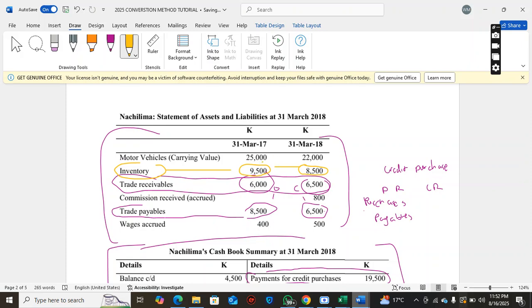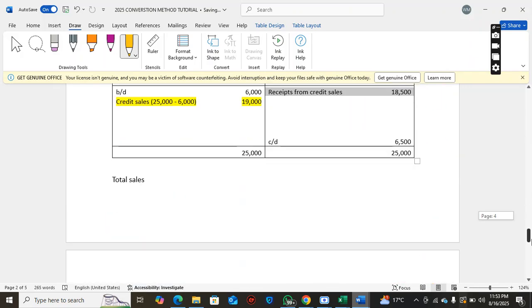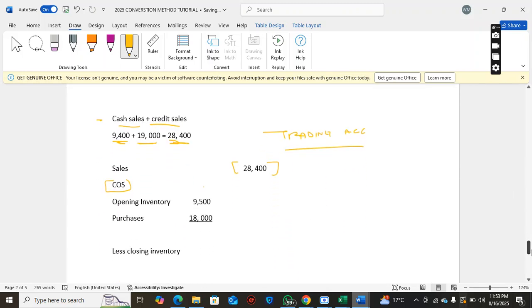So opening inventory 9,500. Next, purchases is the next item.